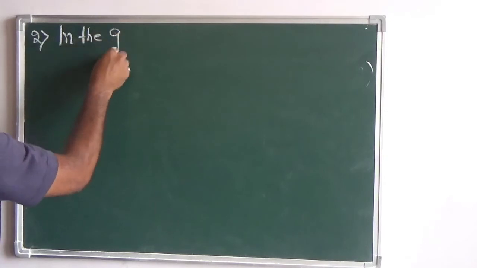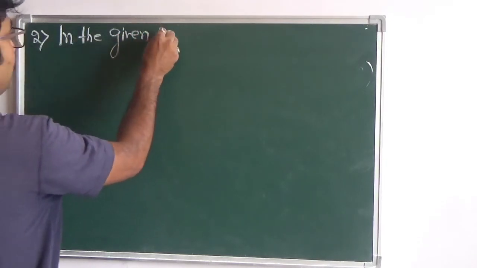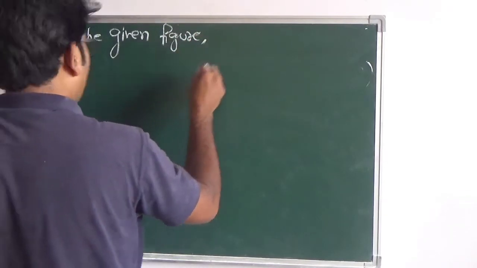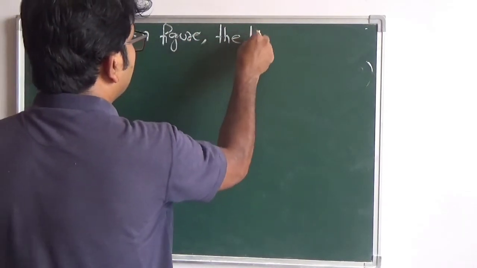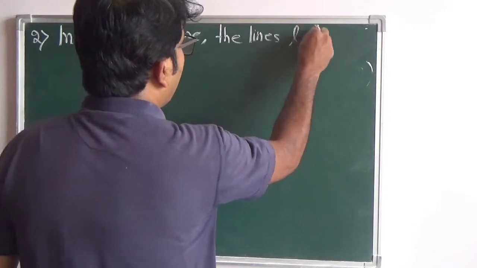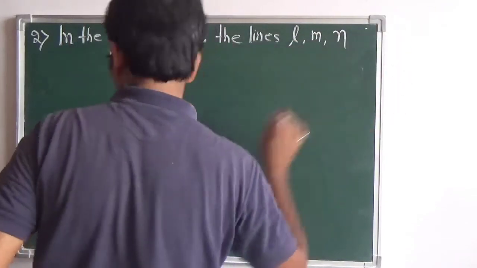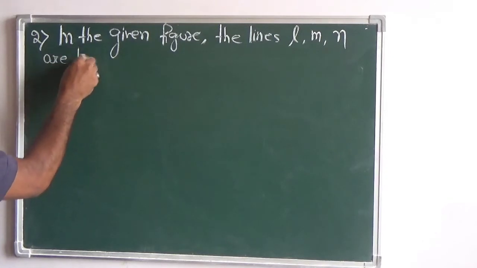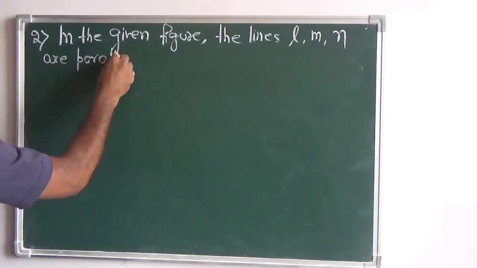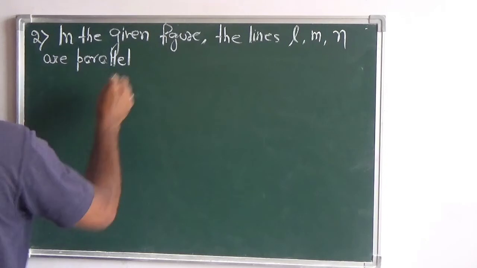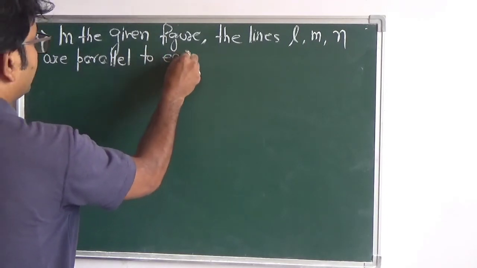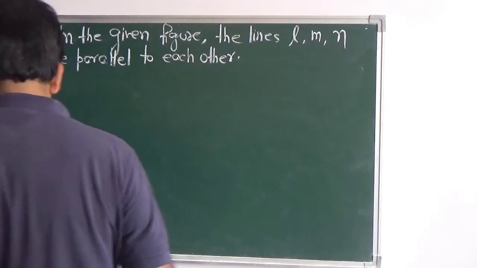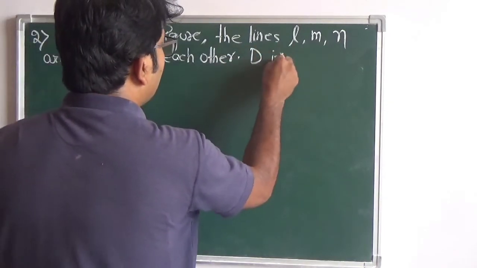In the given figure, the lines L, M and N are parallel to each other. D is the midpoint of CE.